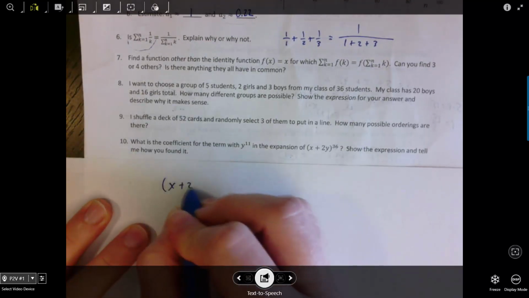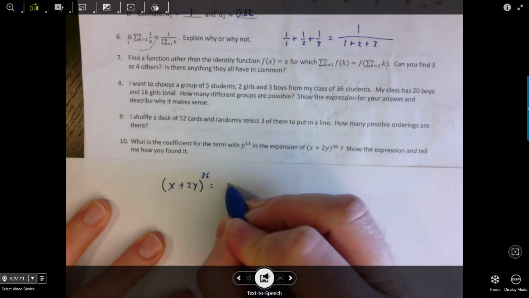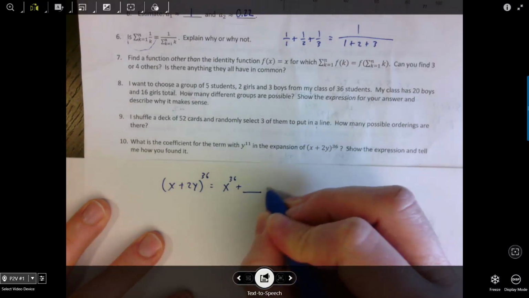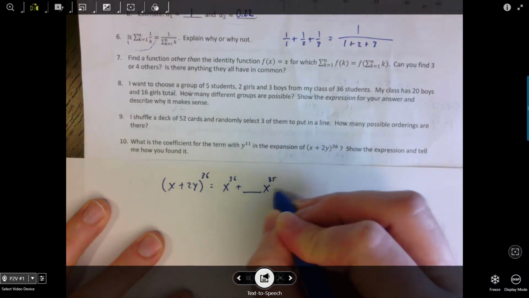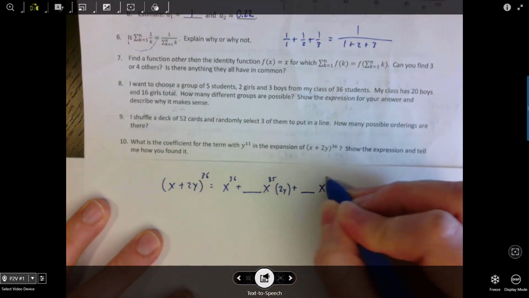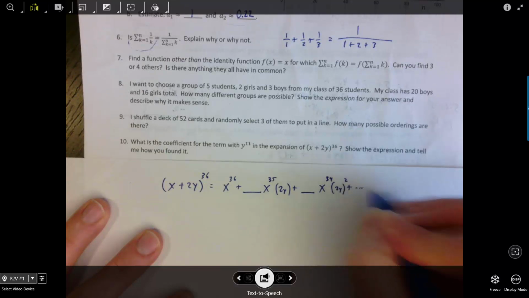If I've got x plus 2y to the 36th, I know that I'll have x to the 36th plus some number of x to the 35ths times 2y plus some number of x to the 34ths times 2y squared, and so on.